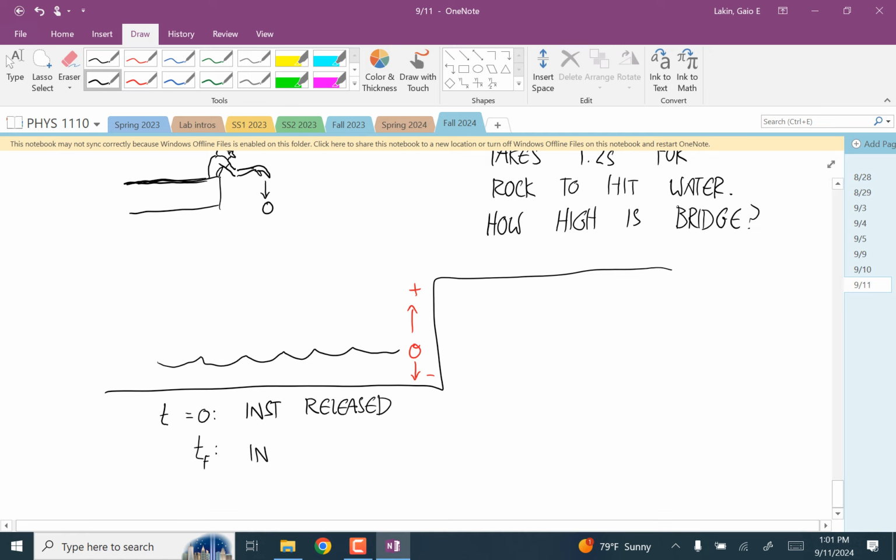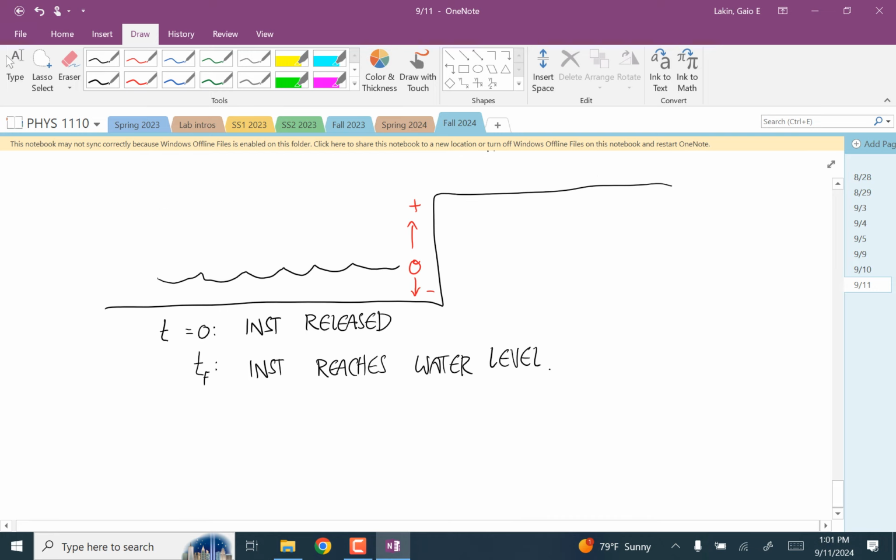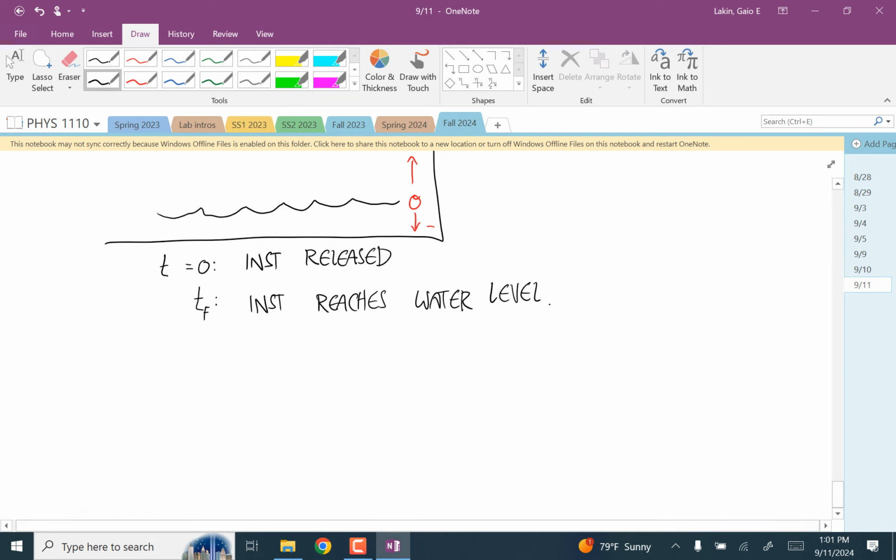So I'm going to call this the instant it reaches the water level. So now we've made those four choices. Now we can figure out what variables we know and what variables we're trying to solve for.